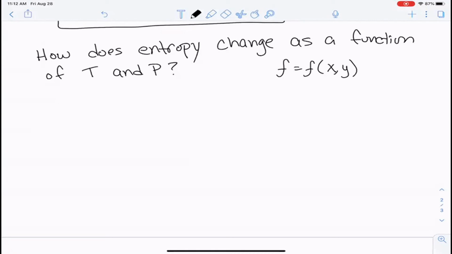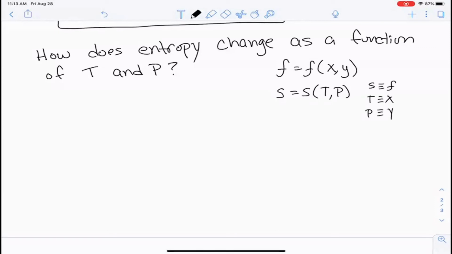In this example, the function that we're interested in is the entropy, right? So we know that the entropy is a function of temperature and pressure. So if you look for equivalence in our previous problem, S is kind of the same as f was, T is kind of the same as x was, and pressure is kind of the same as y was in that previous problem.